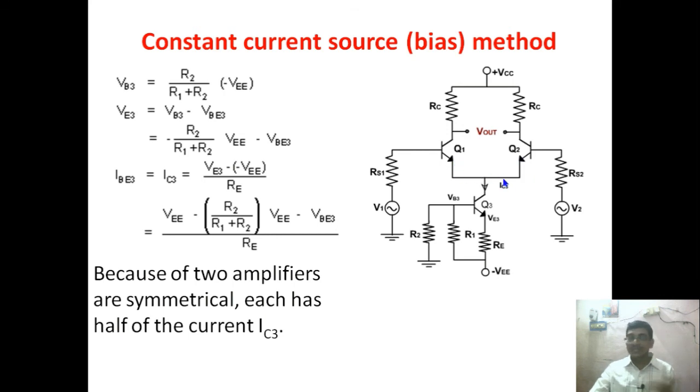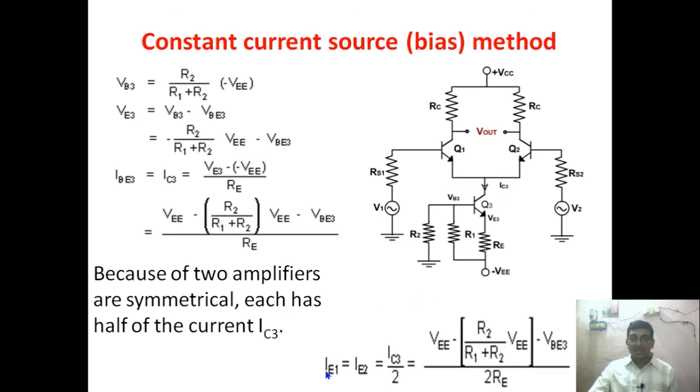That's why in the last derivation we mentioned 2IE: IE from Q1 plus IE from Q2. Therefore IC3 is equal to 2IE, so IE1 is equal to IE2 is equal to IC3 divided by 2.